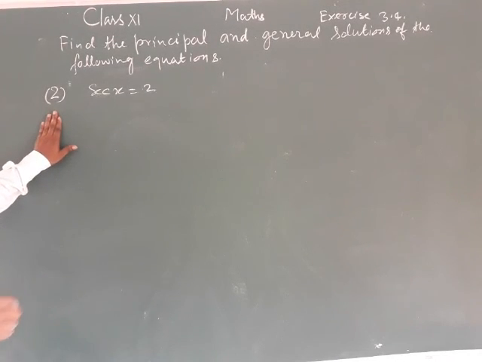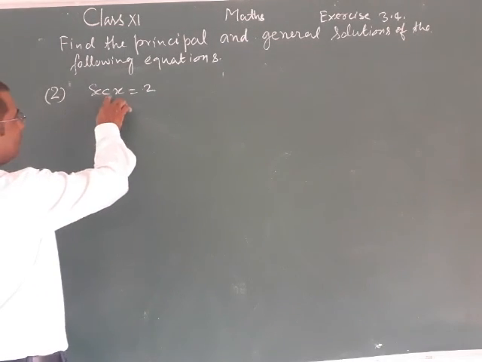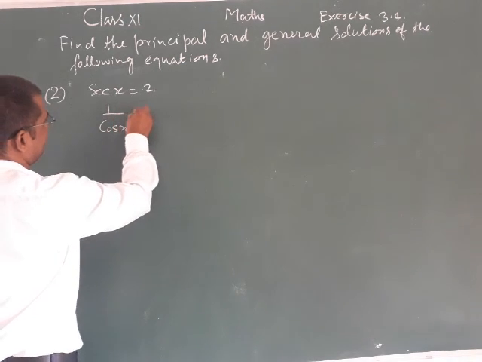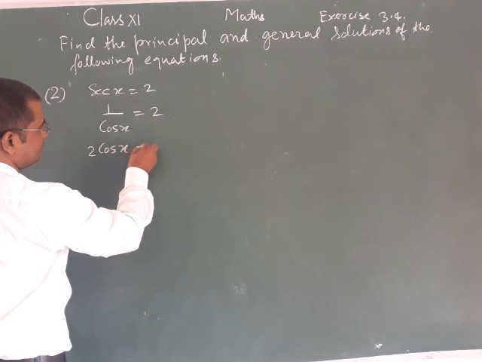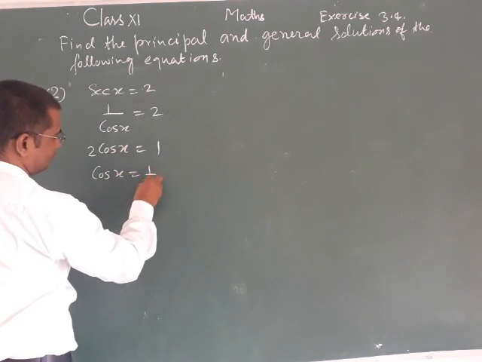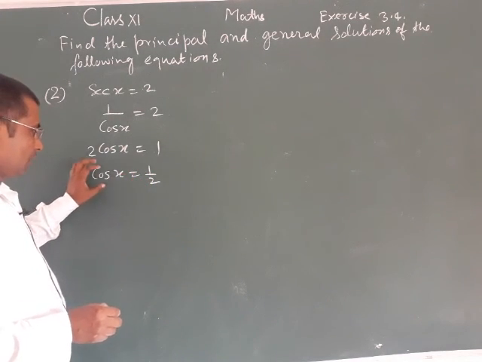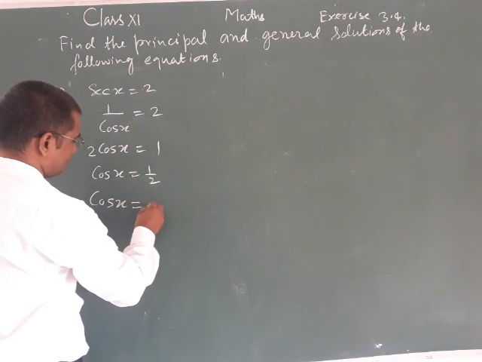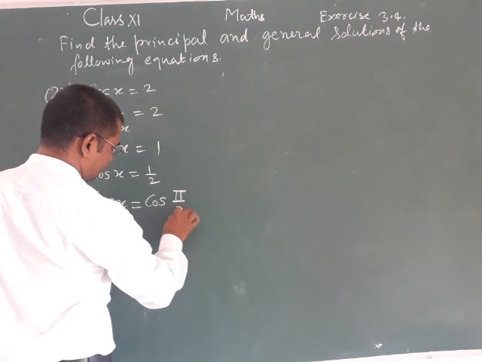Question number 2. Sec x is equal to 2. We know that sec x is equal to 1 upon cos x is equal to 2, or 2 cos x is equal to 1, so cos x is equal to 1 by 2. The value of cos for 1 by 2 gives cos x is equal to cos pi by 3.